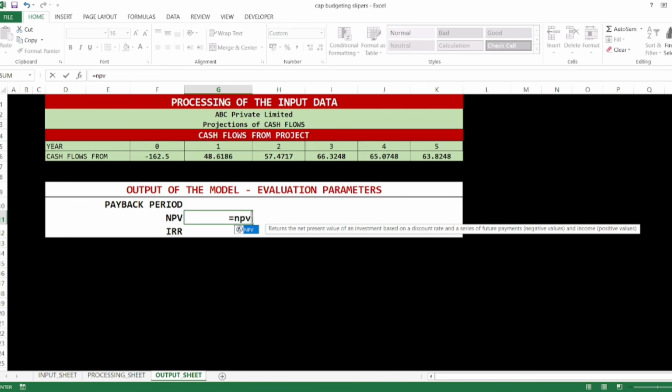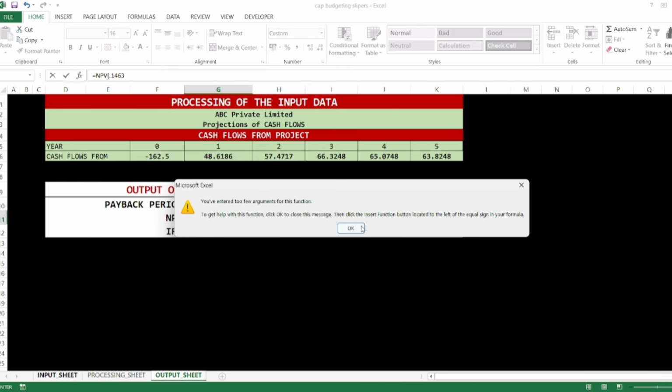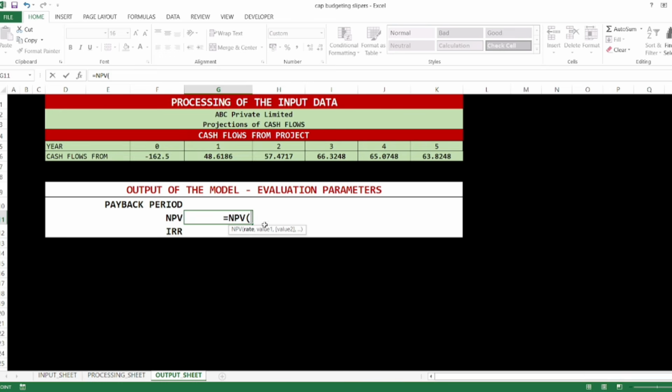Now for the NPV, we'll use the inbuilt function from Excel, that is equals to NPV. Here the weighted average cost which we have calculated in our input sheet, we'll write that to 4 decimal points, so that is the rate, 0.1463. Basically the formula for NPV is inflow minus outflow.